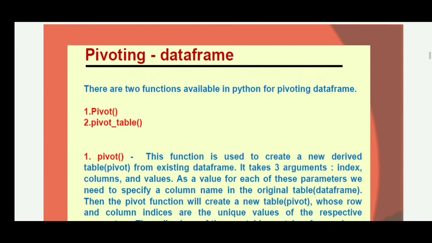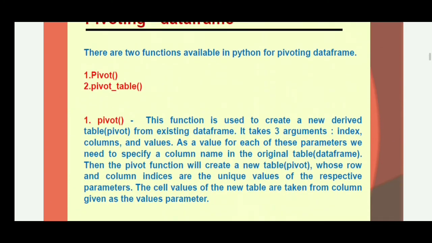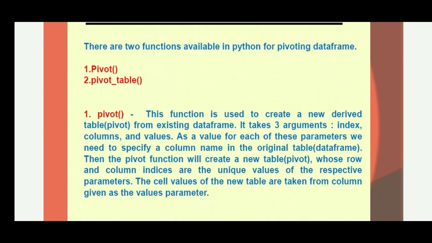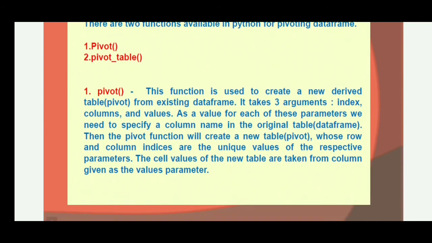Next one is pivoting data frame. There are two functions available in Python for pivoting a data frame. One is pivot, second one is pivot table. This function is used to create a new derived table from an existing data frame. It takes 3 arguments: index, columns and values. As a value for each of these parameters, we need to specify a column name in the original table.